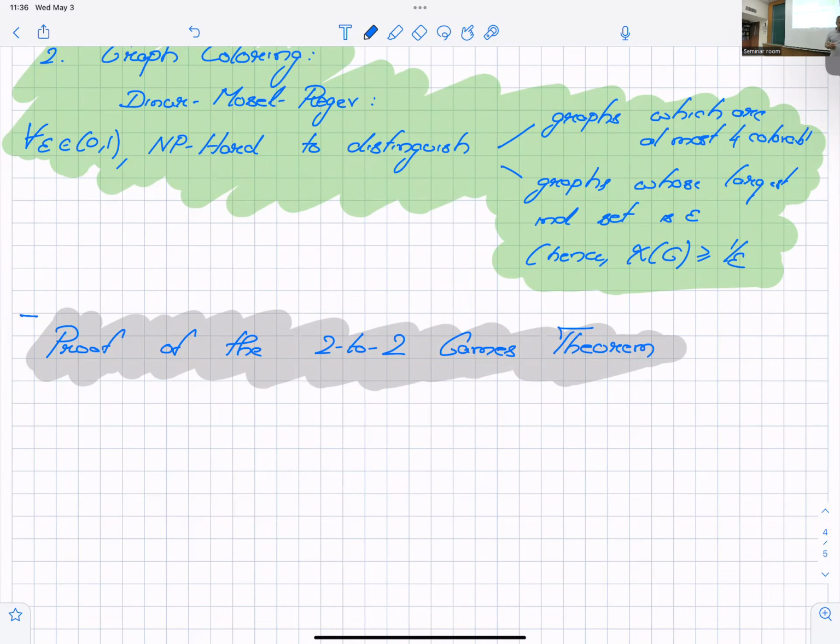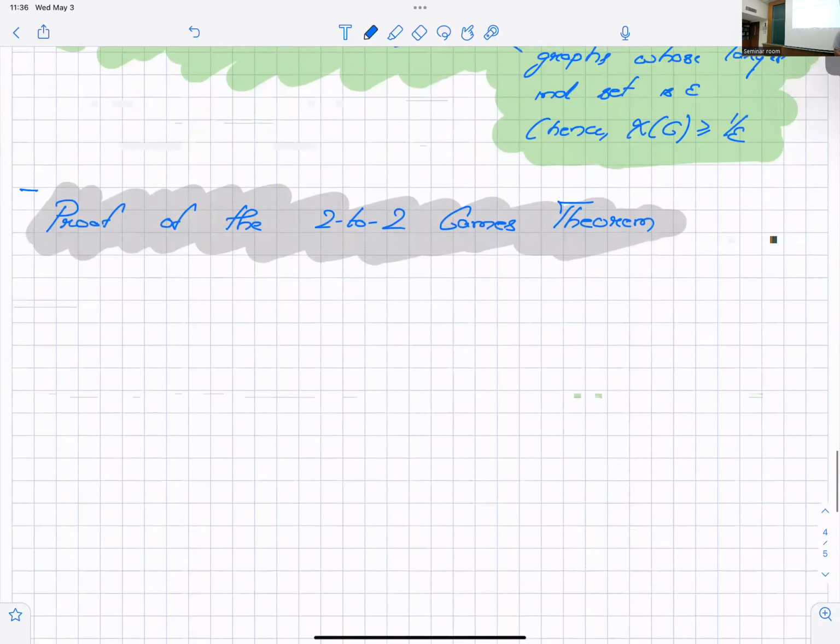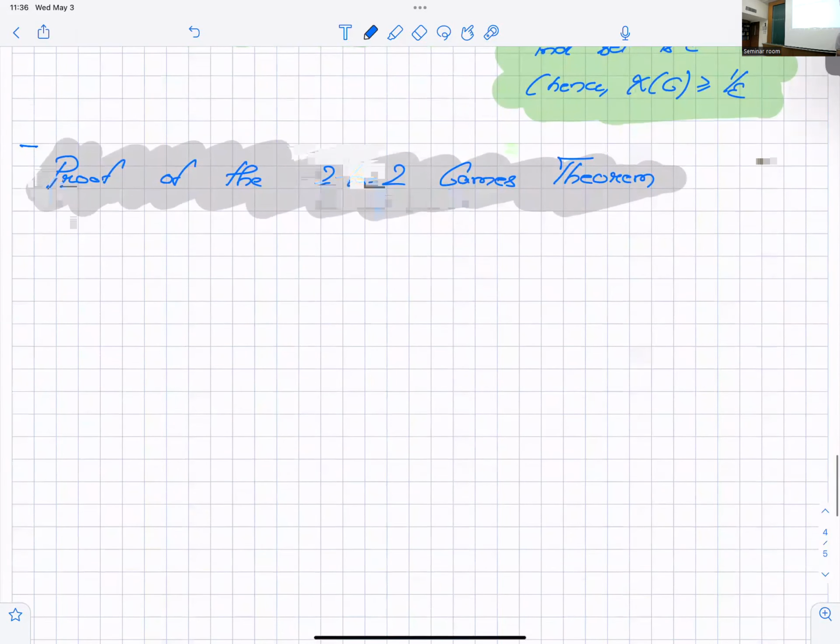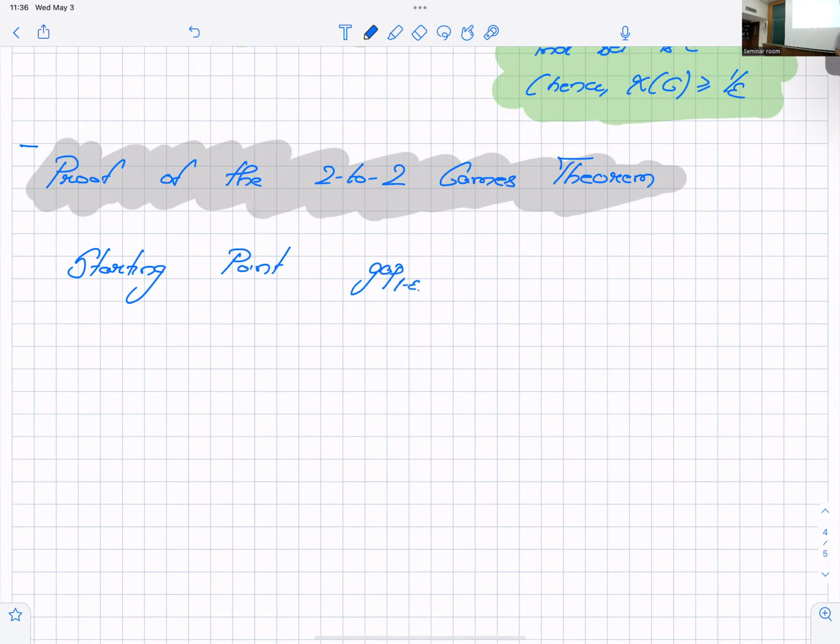Our starting point for this will not be SAT, but will be gap 3-LIN, with gap 1 minus epsilon. We have, of course, half plus epsilon, but I think I need only 3/4 gap 3-LIN.